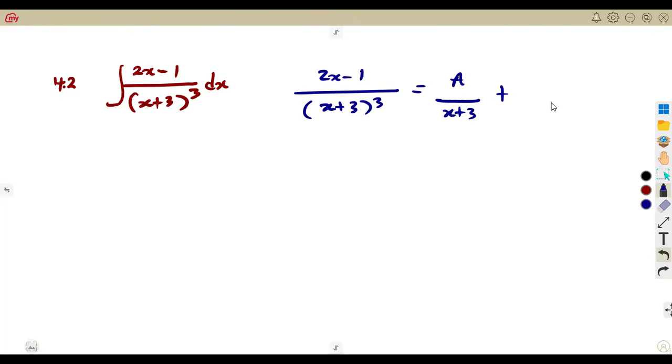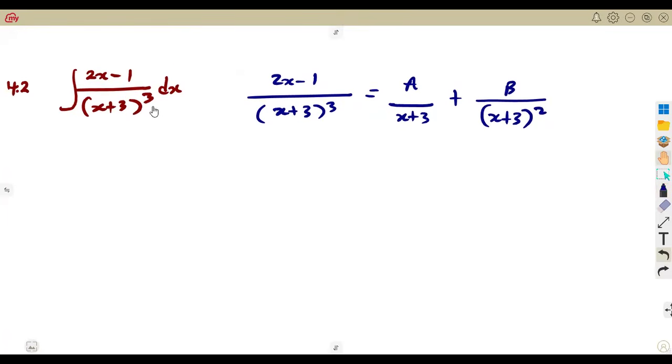Start with 1, 2, up to 3, or you can start with 3 going down, 3, 2, 1. It's up to you. In this case, I'm going to take them increasing from 1, move on to 2, up to the power that I'm having there, which is 3. So it's C over x plus 3 raised to the exponent of 3. Just like that, this is what we have.